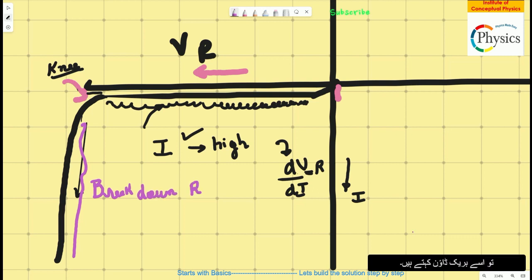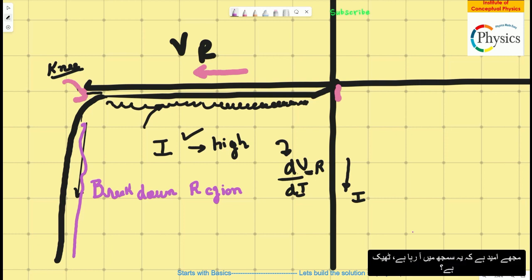Okay, so this is called the breakdown of the PN junction, right? I hope this is clear. Breakdown of the PN junction has happened now. There is a sudden increase in current. I hope this is making sense, right?